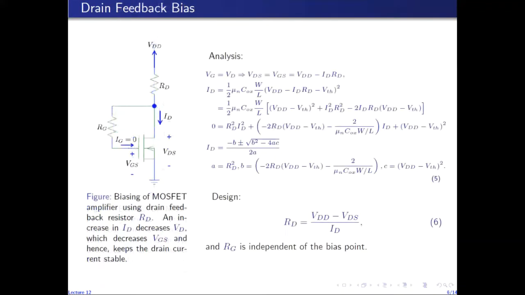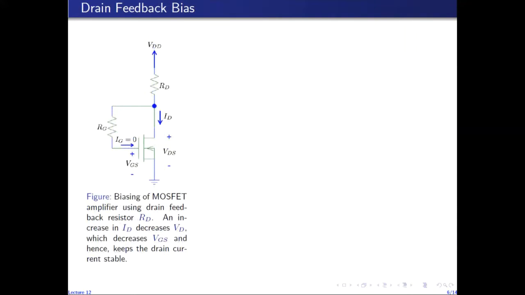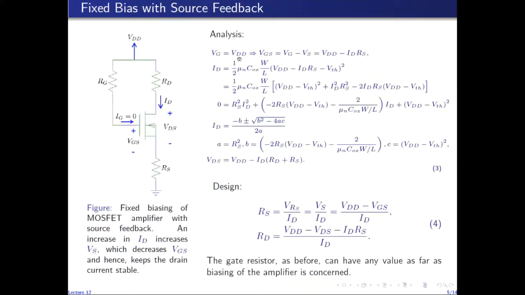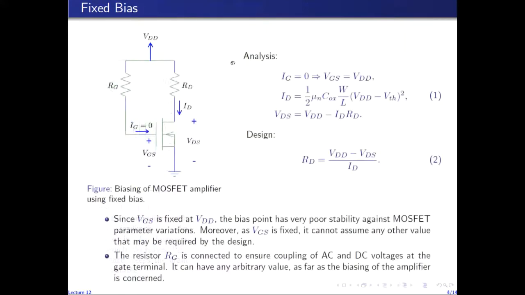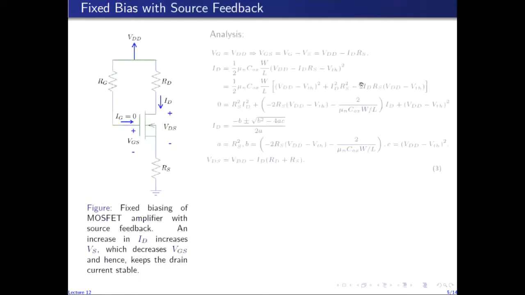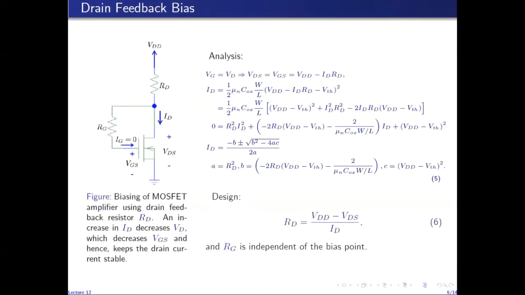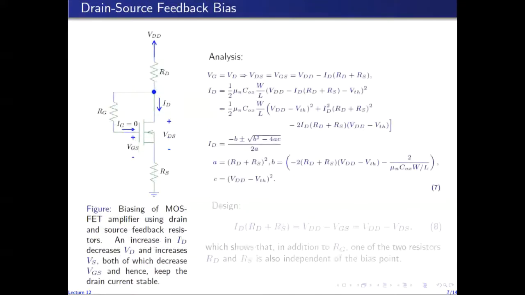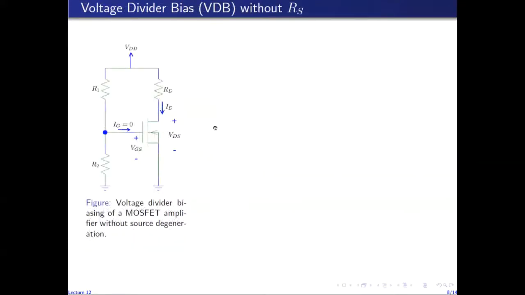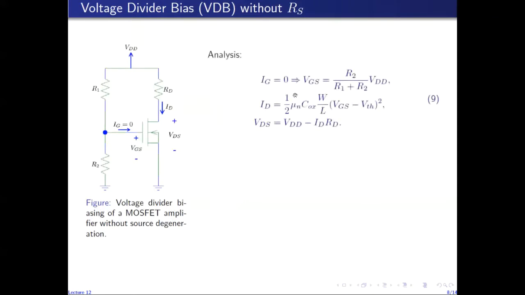And in the other two biasing schemes, there is no control over the gate voltage. The gate voltage is equal to VDD in this scheme as well as in this scheme. So by using the voltage divider biasing network, we get much better control over the gate voltage and hence the gate to source voltage.